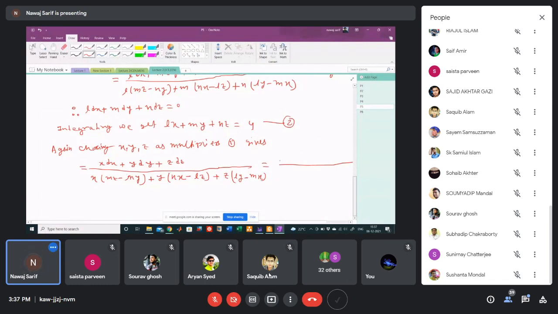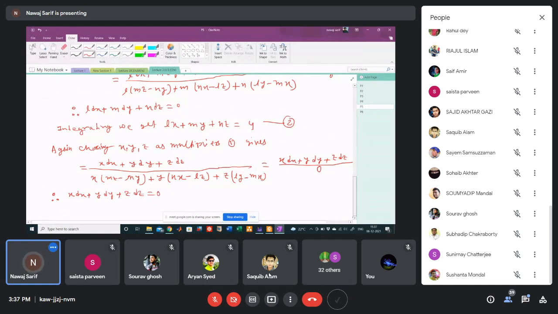So the numerator is x dx plus y dy plus z dz and the denominator is 0. Therefore x dx plus y dy plus z dz equals 0.